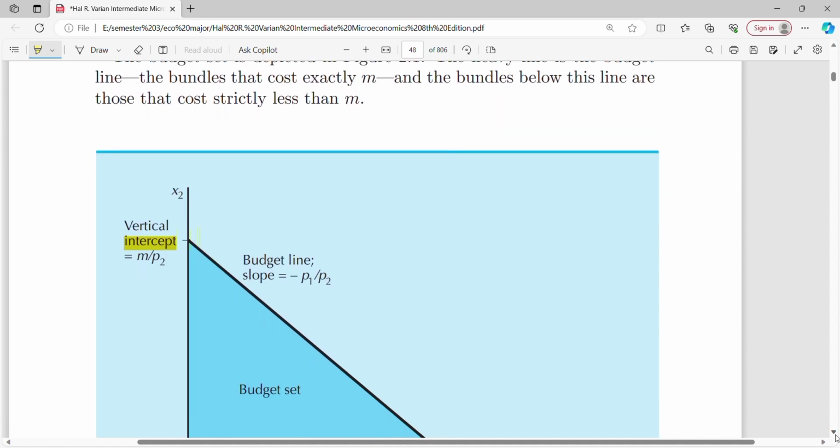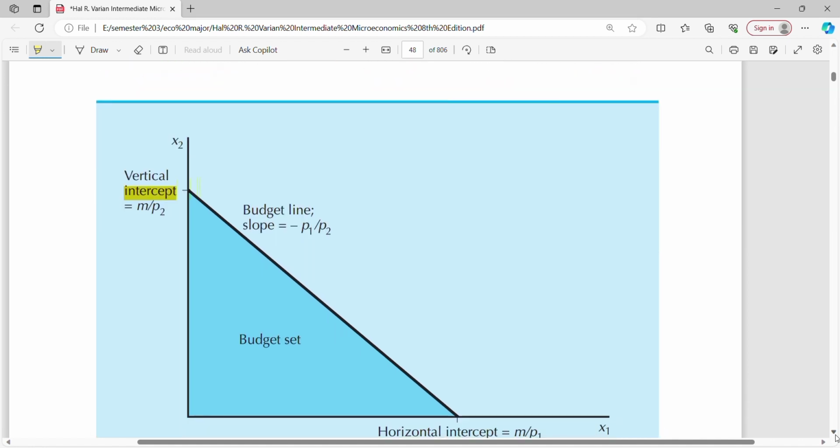And so this is the budget line. I'm not sure I can draw this exactly, but yeah. This is the budget line. And all the bundles that lie on this budget line are the bundles that exhaust the consumer's income.